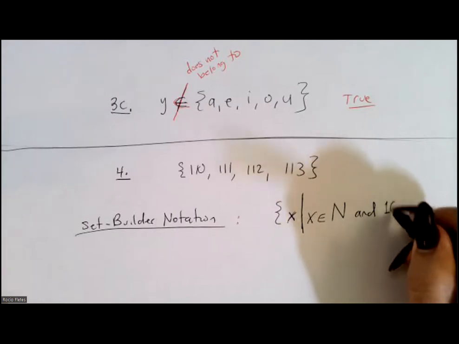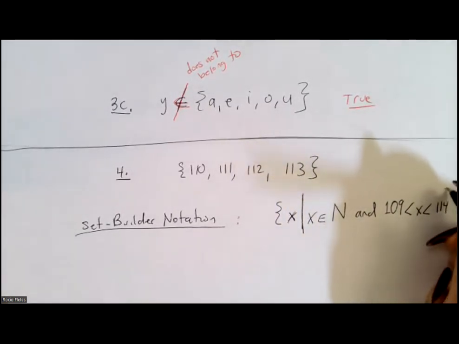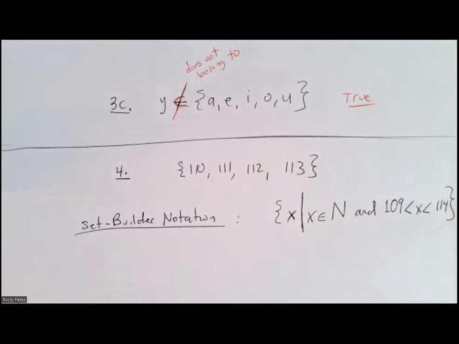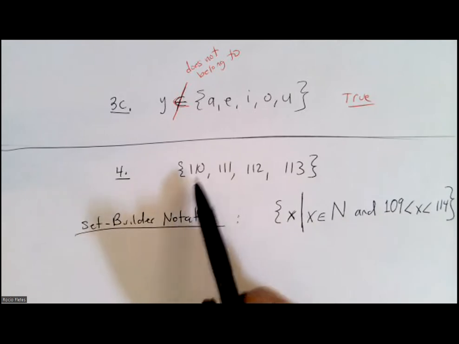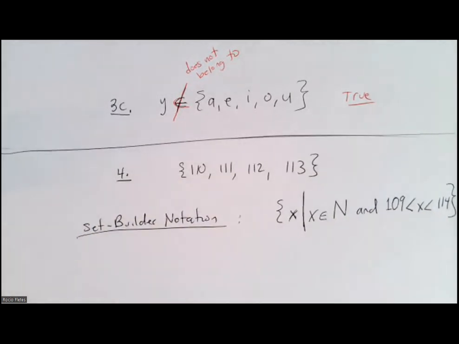So you can write it like this: 109 less than X less than 114. That's one way you can write it, but you can also write it starting at 110, but you have to put the equals under. Remember that.